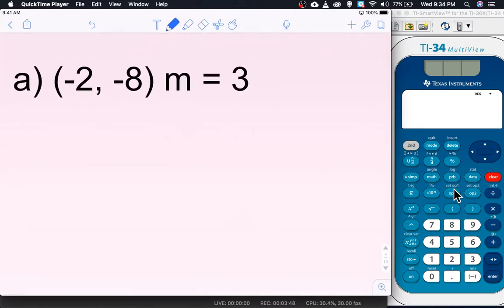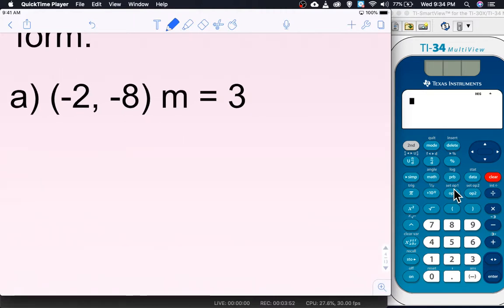So given this bit of information, we want to write the equation of the line in slope-intercept form: y equals mx plus b. And actually, I can write it down here as well. Because typically, after you write down a formula, the very next thing you do is plug in what you know, the given values for the variables.